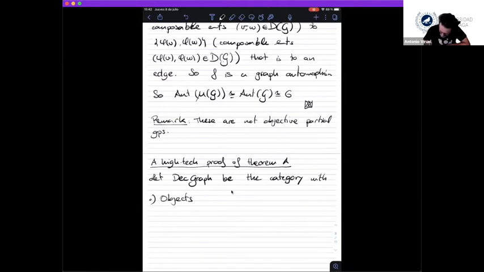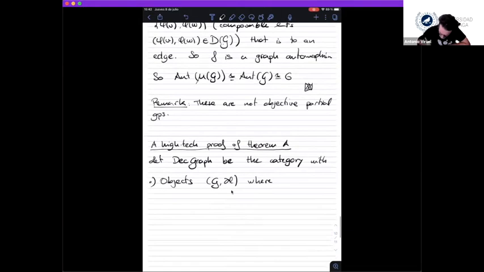So the objects are going to be pairs G, H, where this G is an element in Graph.